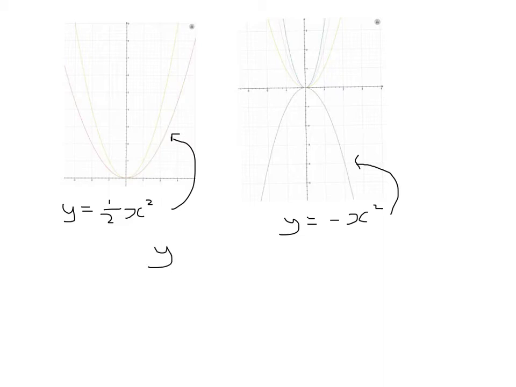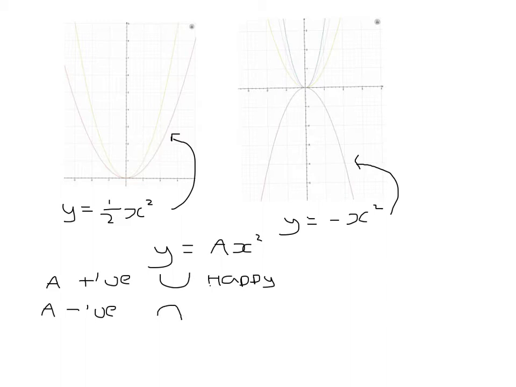So what does this mean to a? If we have y equals a x squared, first of all we know that if a is positive, we're happy, so we get a smiley face. So it's in that shape. If a is negative, we're sad. So we've got a sad face.